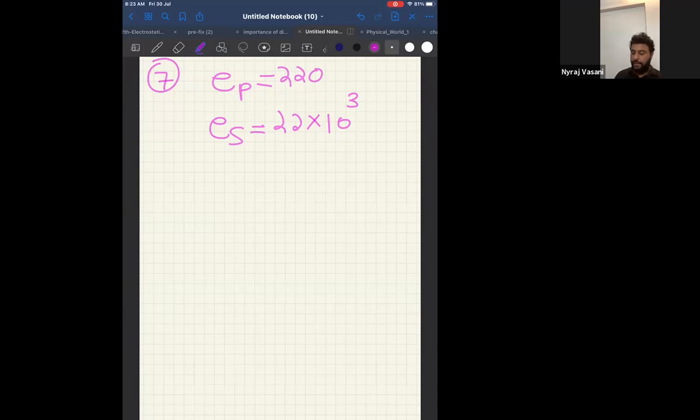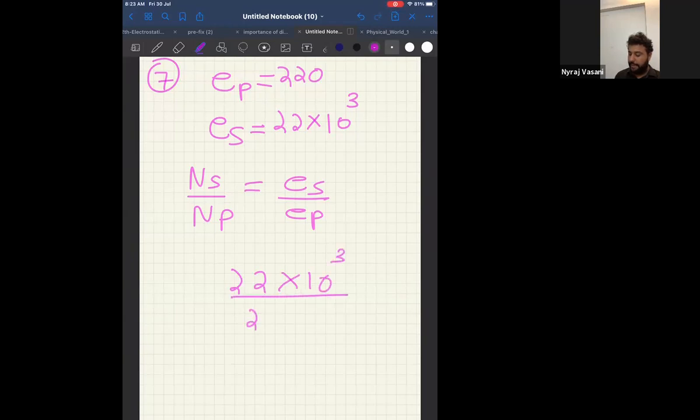Now I know turn ratio is NS by NP, correct? I have to find turn ratio, NS by NP. But I know NS by NP is the same as ES by EP. That is from our transformer derivation. Now, if I want to find ES by EP, what is ES? 22 into 10 power 3 by EP, which is 220.